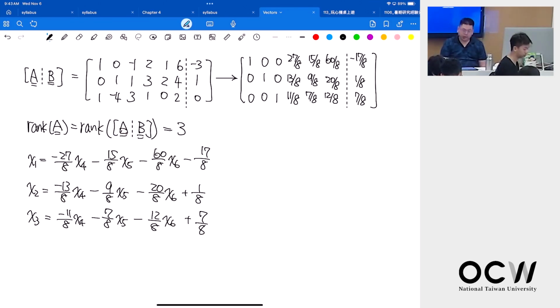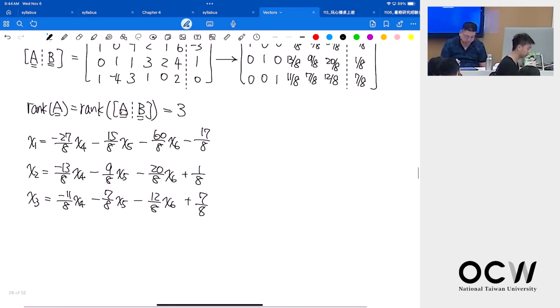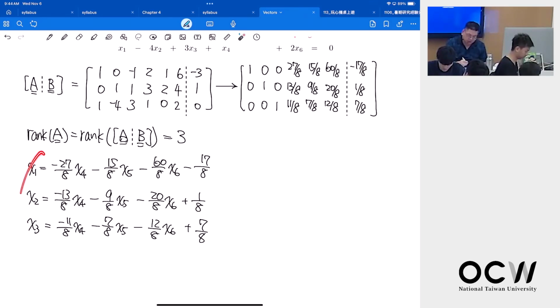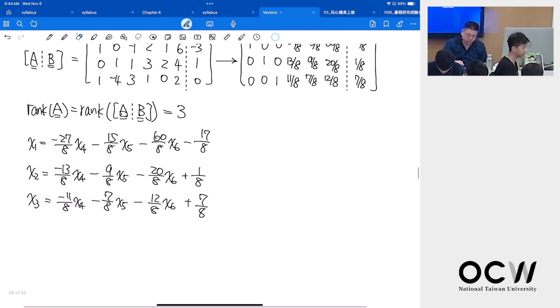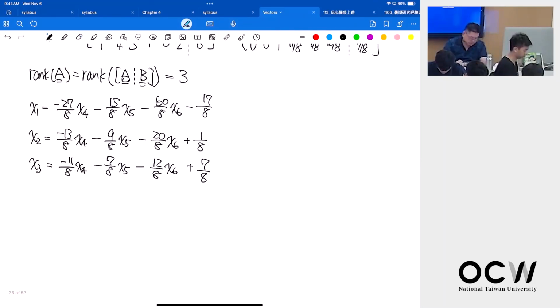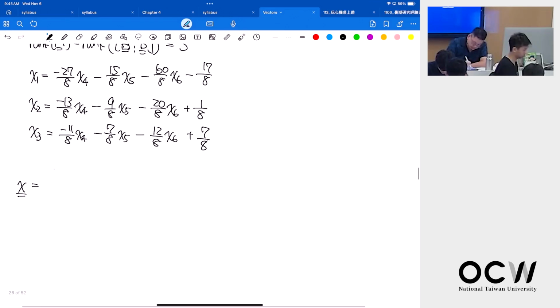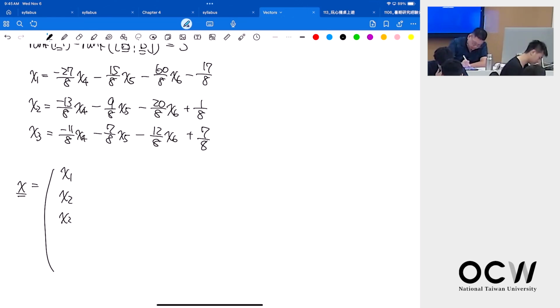Okay. So now I have x1 to x6. I can write down my solution x, that is x1, x2, x3, x4, x5, x6.